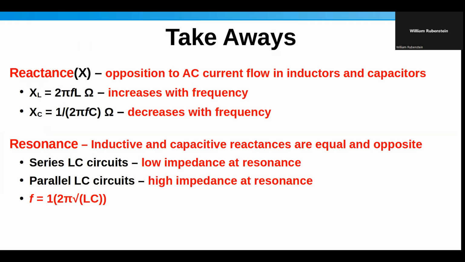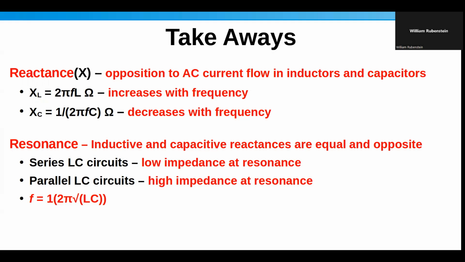So what did we learn? That reactance is the opposition to alternating current flow in inductors and capacitors. Inductive reactance increases with frequency. Capacitive reactance decreases with frequency. At resonance, the inductive and capacitive reactances are equal and opposite. In a series tuned circuit, it's at the lowest impedance when it's resonant.